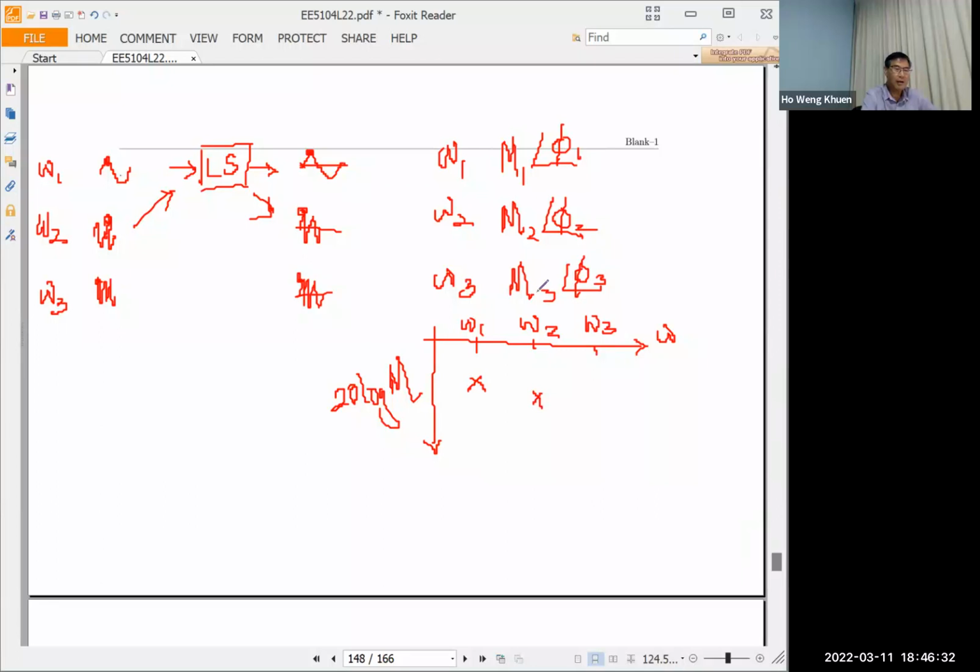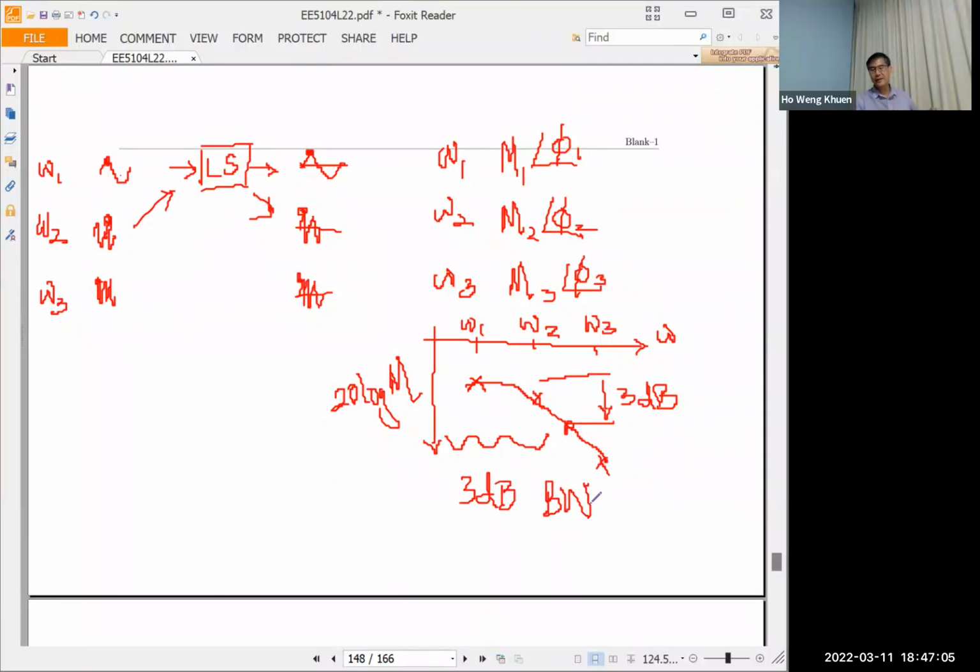Then 20 log M3, another point here. Let's say you have a lot of points, then they always ask you to join up the points. Then they always like to ask you, what is the 3 dB? You take here, then you drop by 3 dB. Then it's here, and from here to here is the 3 dB bandwidth.